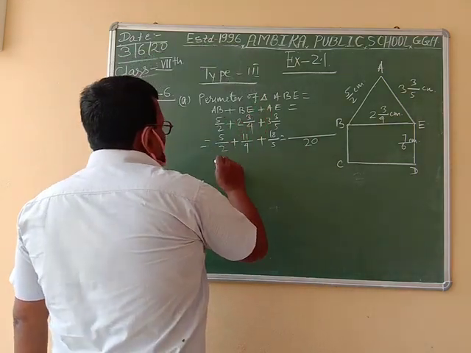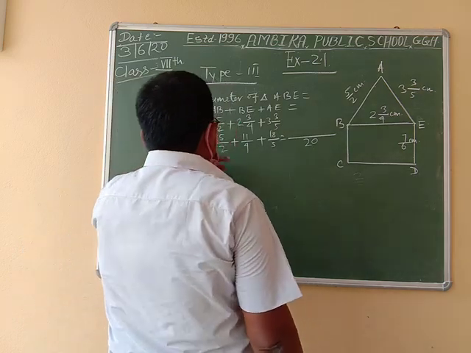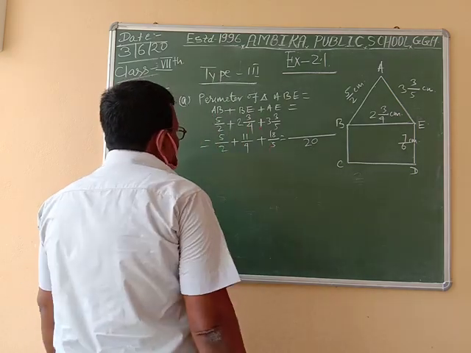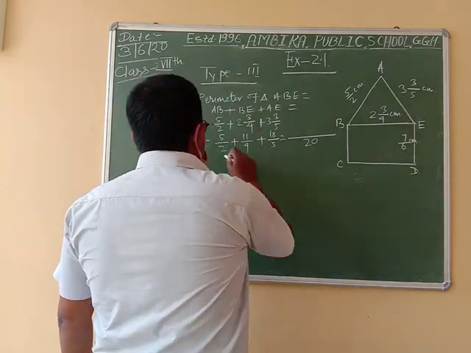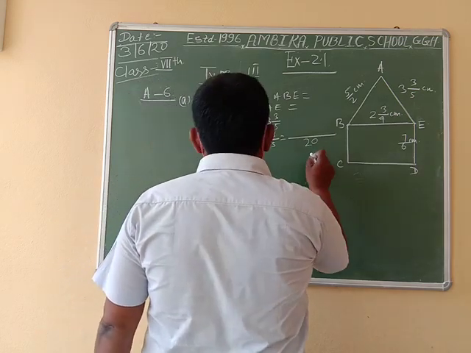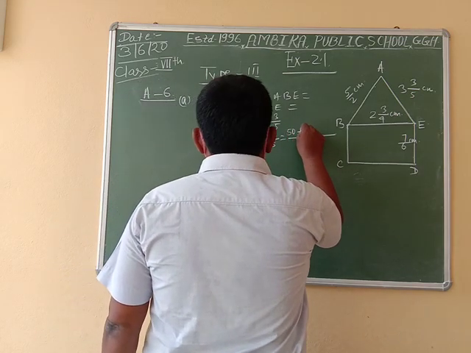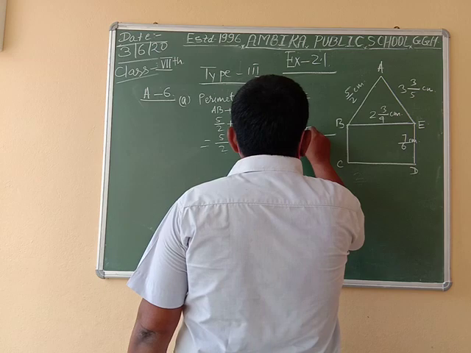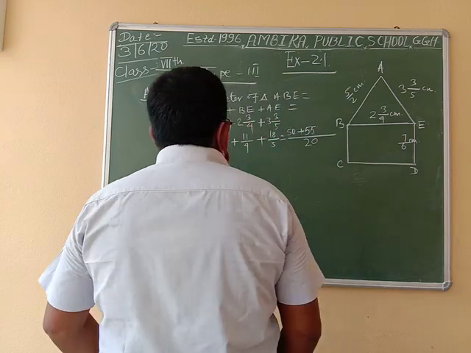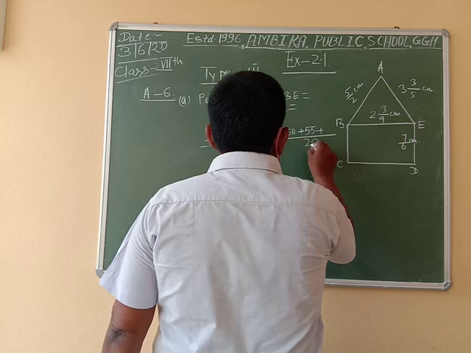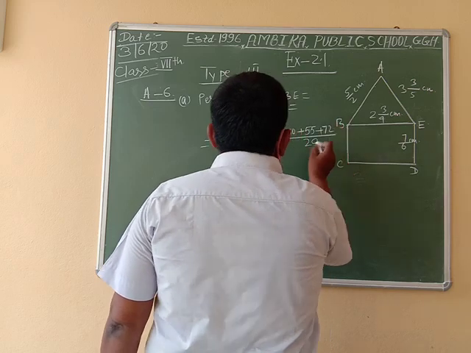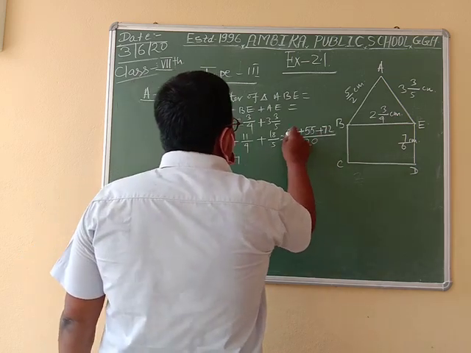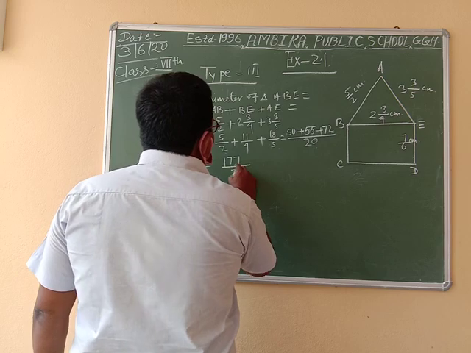Dividing 20 by the denominators of the fractions and multiplying it by the numerator, we have 50 plus 55 plus 72, that is 177 by 20.